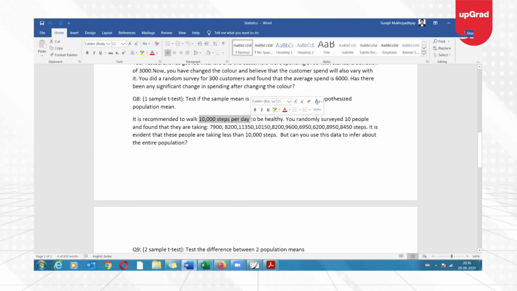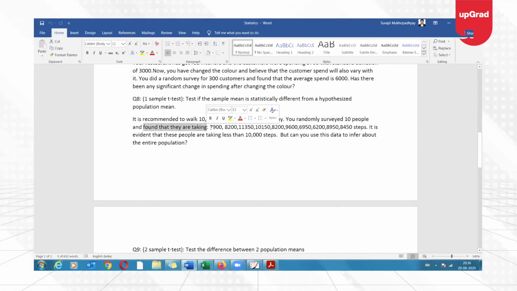And these days, as you know, there are a lot of apps and wearables through which you can track the number of steps you are taking per day. So you randomly surveyed 10 people and found that they are taking these many steps respectively. When we look at this data, it's very evident that most of these people are taking less than 10,000 steps. Yes, there are some exceptions.